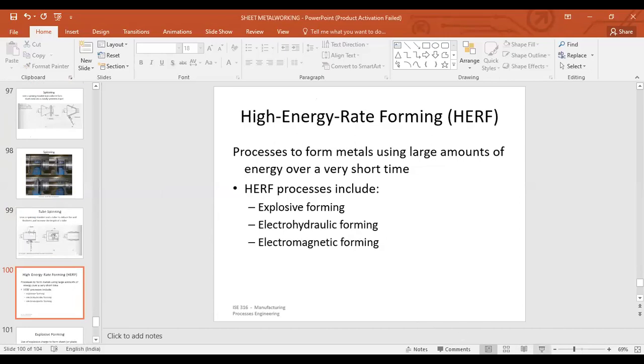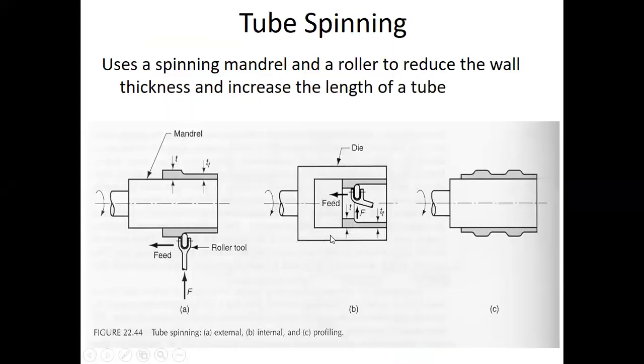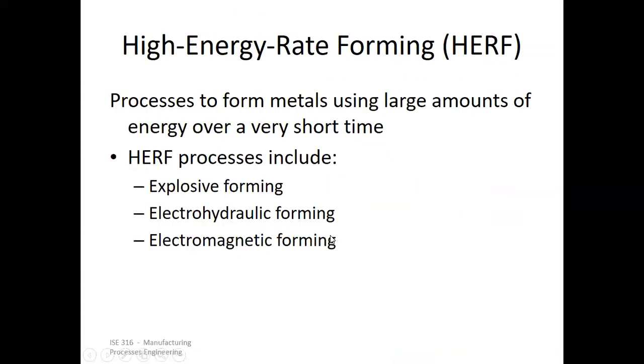As for high energy rate forming, this is one miscellaneous category we can call, but let us see this as well. These are processes to form metals using a large amount of energy over a very short time. So within a smaller amount of time, a lot of energy is being dissipated.